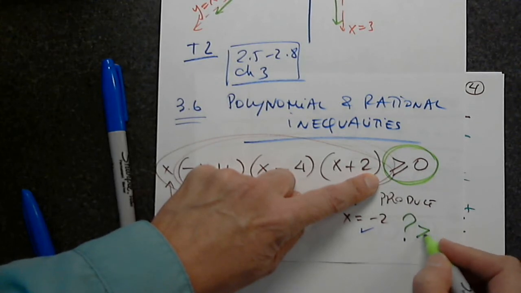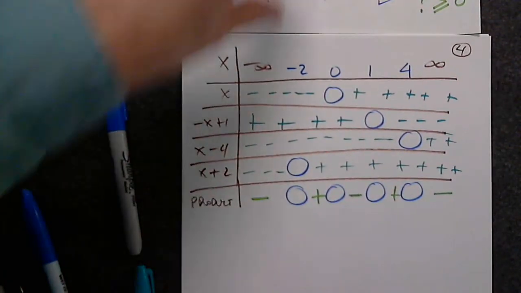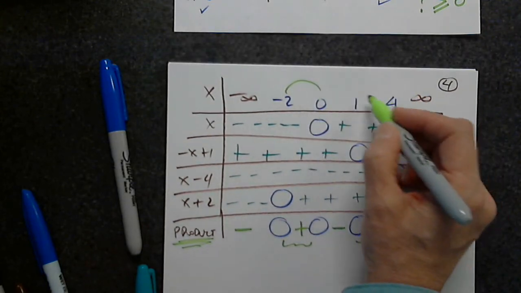What sign is greater than or equal to 0? And that's the one I choose. And the reason we only have 2 signs. Which one is greater than or equal to 0? Positive. So then I look and see, is this product ever positive? For which x values?